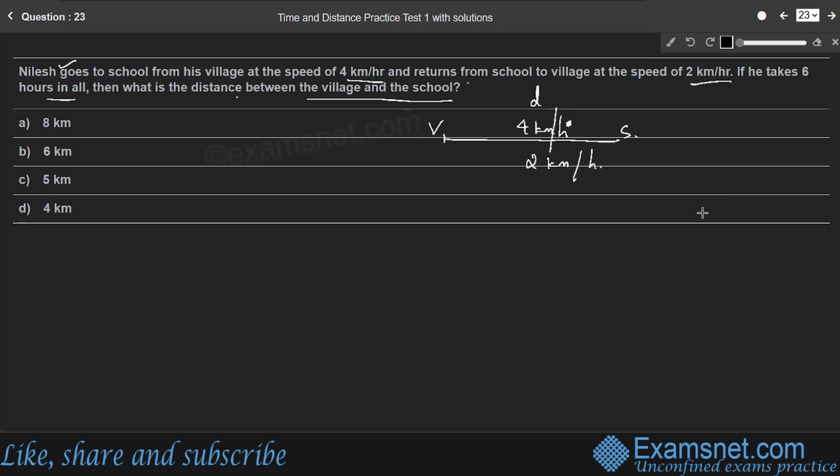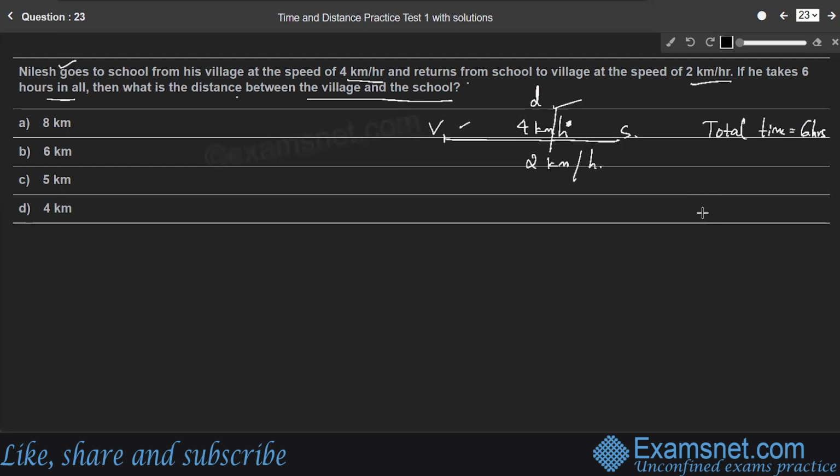And in total he takes 6 hours in all. So here we need to find the distance between village and the school. The value of d we need to find. For that, we'll consider the time taken by him.